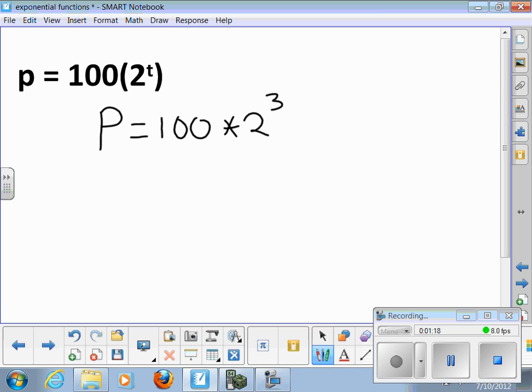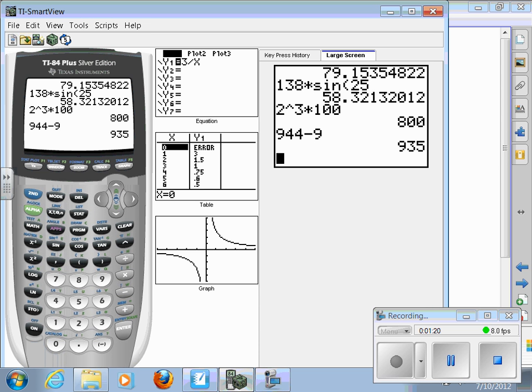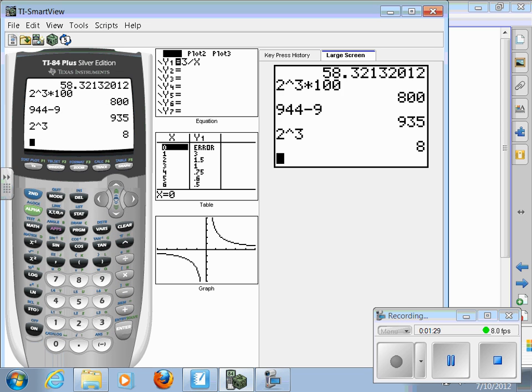So on the calculator, we would do the exponent first, 2 raised to the 3rd power, that's 8, times how many we started with. We started with 100.